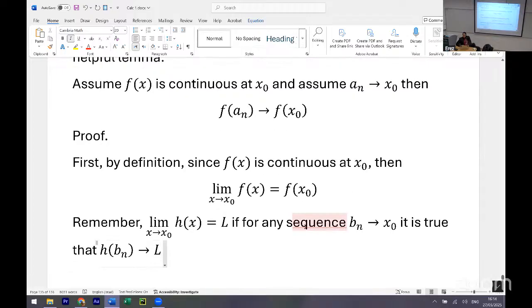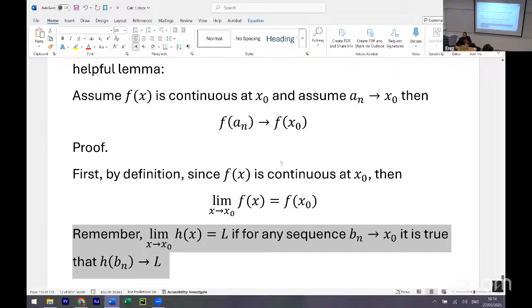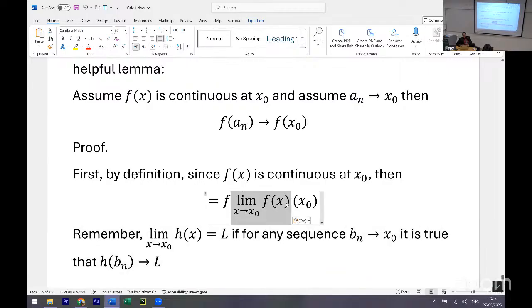Does this sentence make sense to you? So what can we say from what we have here? What can we plug in to f of x here? Yeah, f of a_n, and it ought to be the limit f of x0, right?